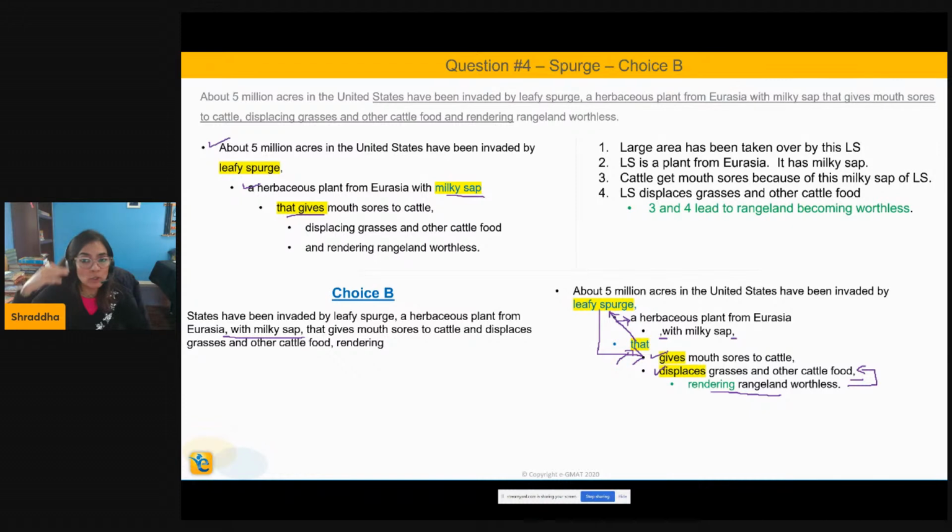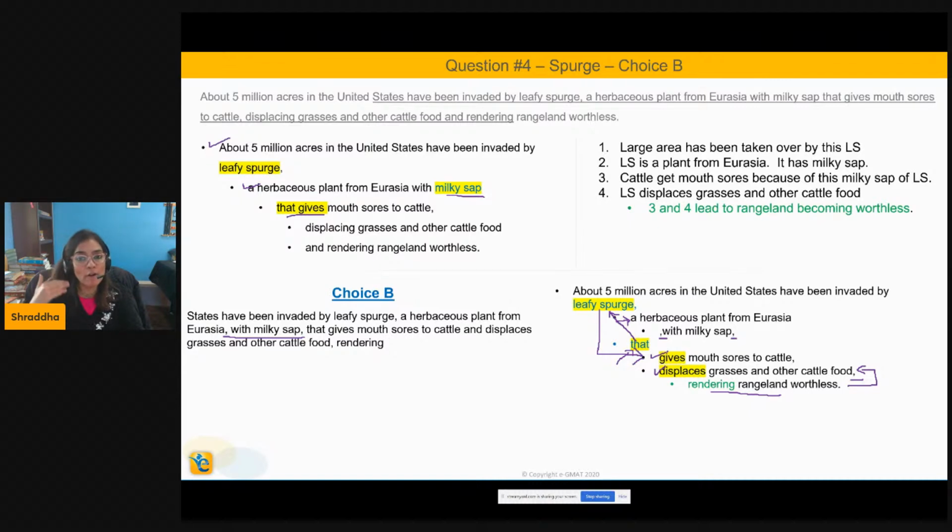And then we could get into the detail of the technical things, how it reacts with the saliva and this and that and gives the mouth sore. That's not the part of concern over here for me. The whole thing is that milky sap is contained by the leafy spurge itself. So there is no meaning change in saying that it is the milky sap of the leafy spurge that gives the mouth sore, or it is the leafy spurge that gives the mouth sore.